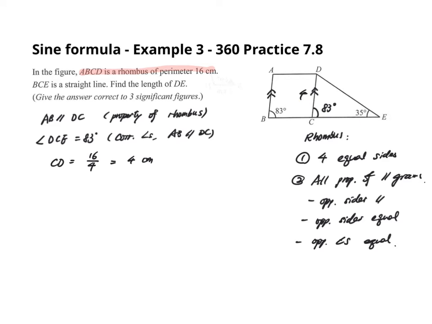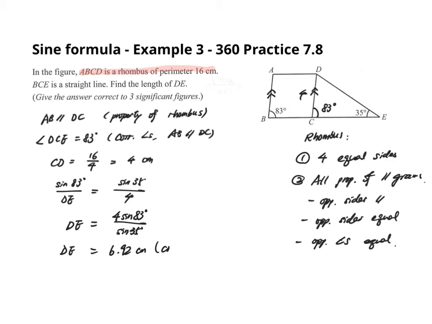Because DE is the opposite side of angle DCE, and CD is the opposite side of angle CED, we can use the sine formula to find DE. Sine 83 degrees over DE is equal to sine 35 degrees over 4. We have DE is 4 times sine 83 degrees over sine 35 degrees. So DE is 6.92 cm, correct to 3 significant figures.